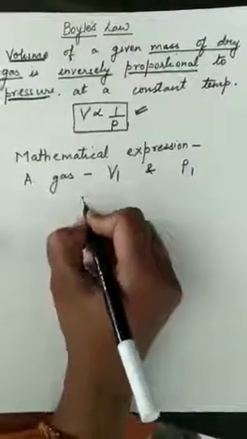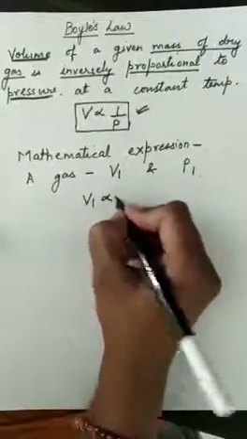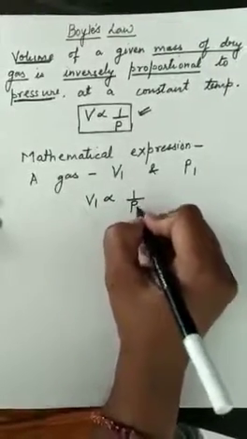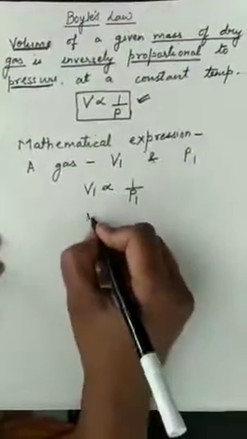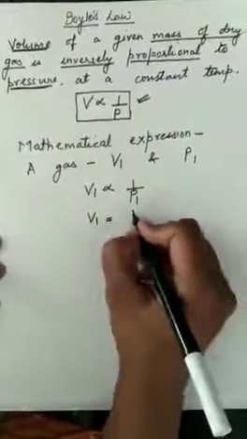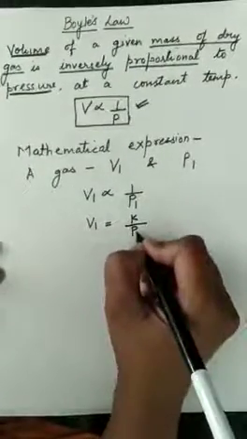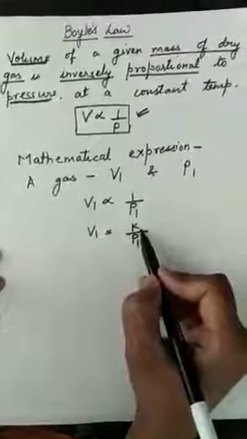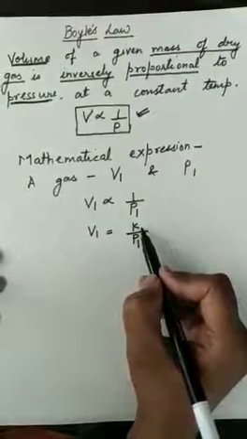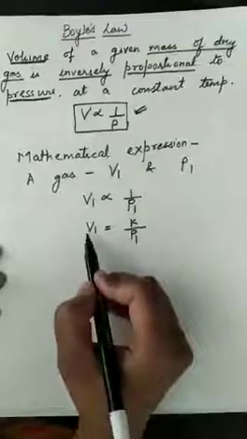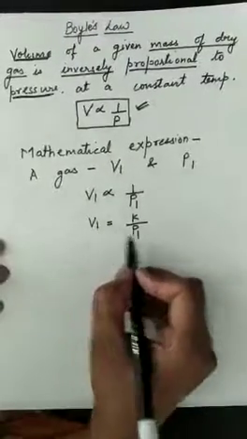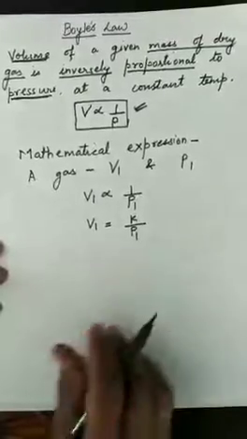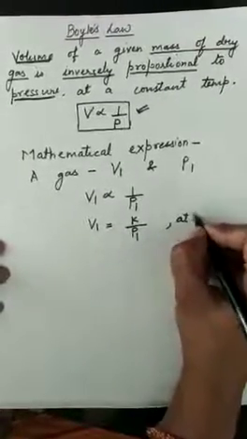According to this law, V1 is inversely proportional to P1. Now, you can remove this proportionality sign and write V1 is equal to K upon P1. This K is called the proportionality constant. So V1 is equal to K upon P1 when volume is V1 and pressure is P1. This is at a constant temperature.